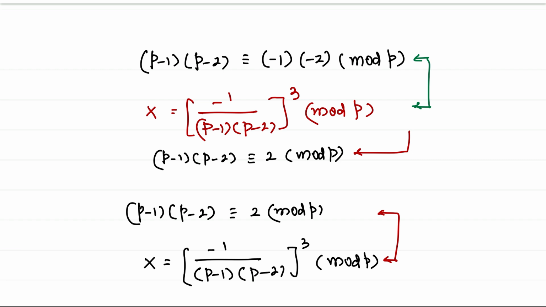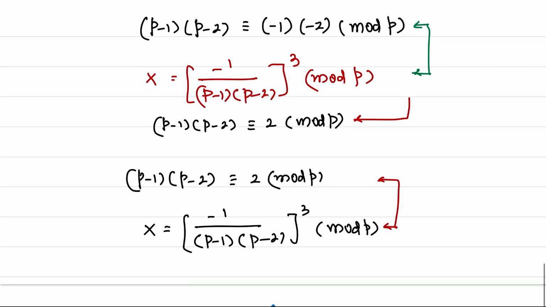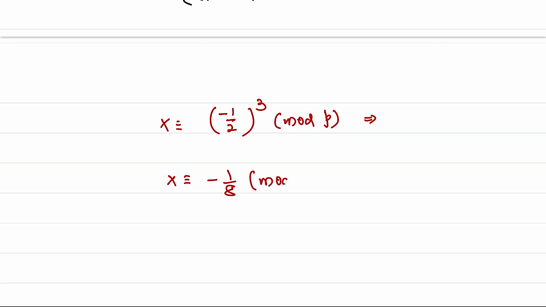Wherever (P minus 1)(P minus 2) is there, that will be replaced with 2. When we connect, mod P and other things will remain the same. In the second equation, x equivalent to minus 1 by 2 whole cube mod P. Are you able to understand? Then x equivalent to minus 1 by 8 mod P.